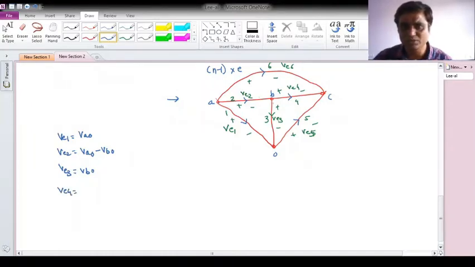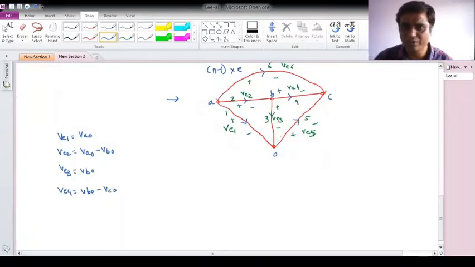Now what is VE4? For VE4, I will go from B to O to C, so I am writing in terms of node voltages, okay. So VE4 will be VBO minus VCO, okay.